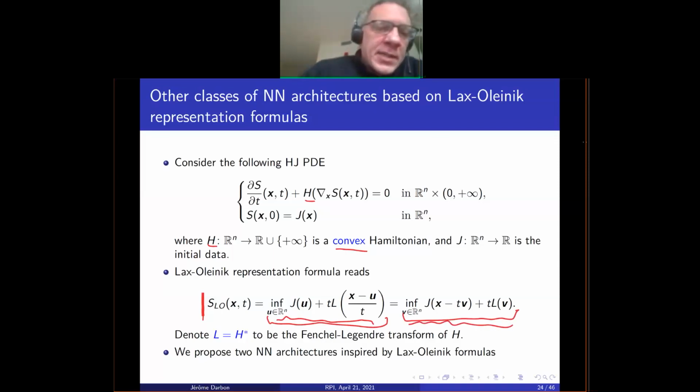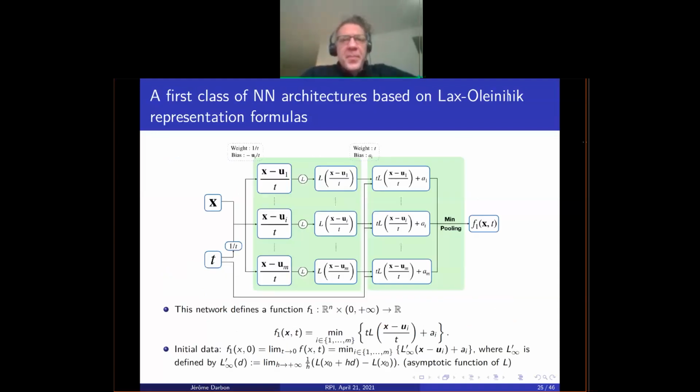It's classical in convex analysis to denote the Fenchel transform of the Hamiltonian as a Lagrangian, so I'm going to use L for the Lagrangian, defined as the Fenchel transform of H. So let me give you first another class of neural network architecture that is based on the first formula.